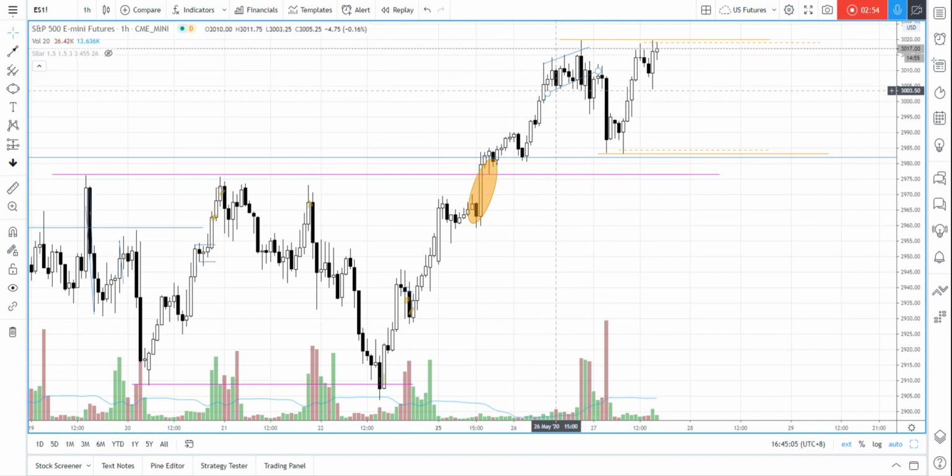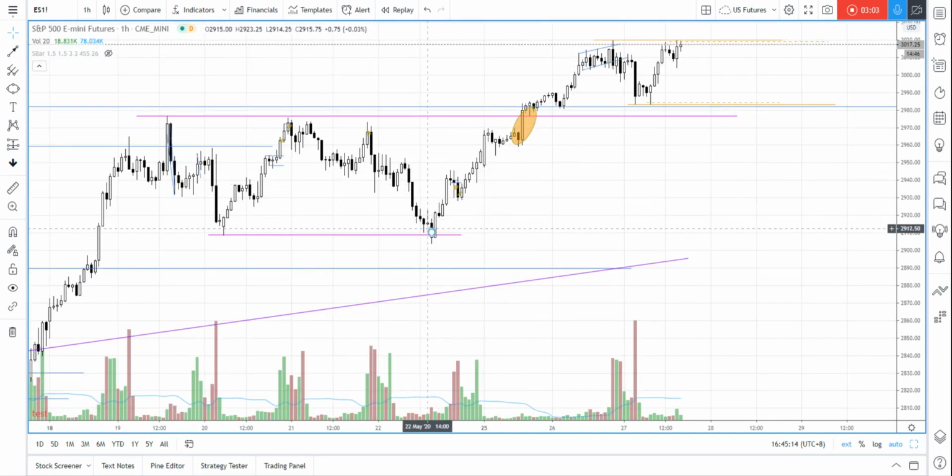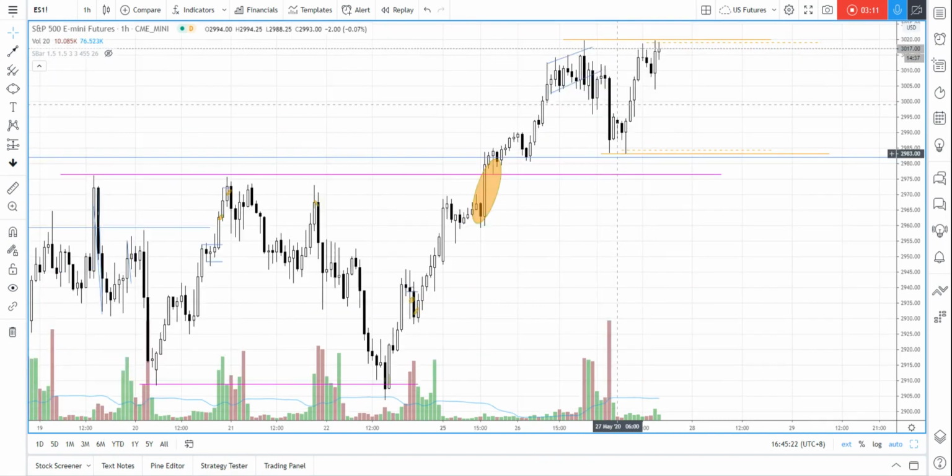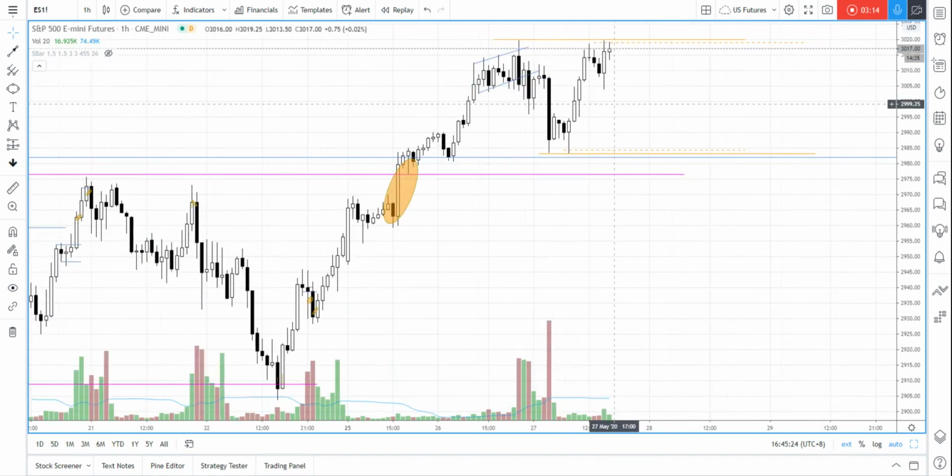In general, the selling at the top suggests some profit-taking activity just after a significant rally from close to 2900 to 3000, so about 100 points. This is quite common activity for people to take profits.